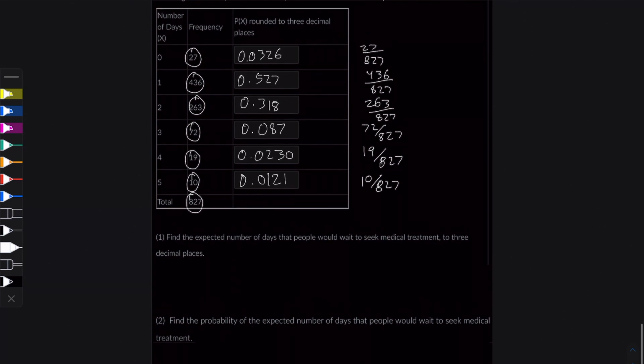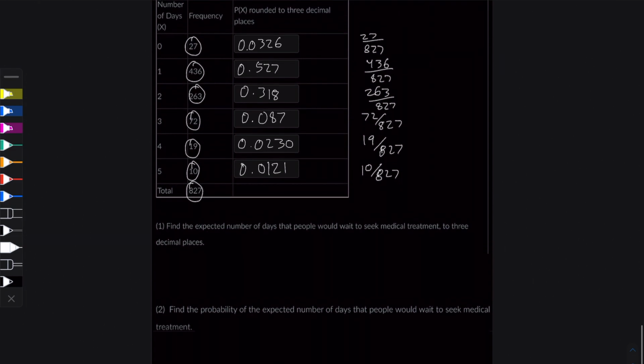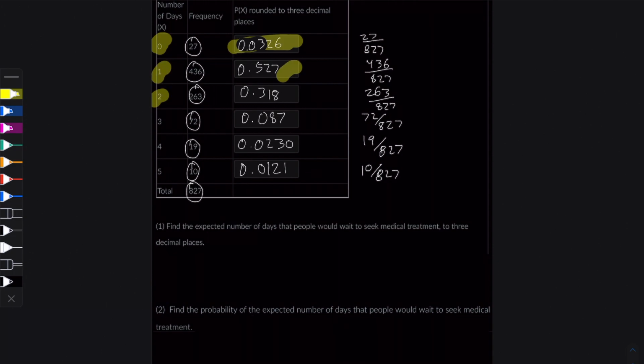And now for the next part, we need to find the expected number of days that people would wait to seek medical treatment to 3 decimal places. So for this one, what we would do is multiply the number of days, right? So we would do 0 times the probability of it happening, and then 1 times the probability of it happening, and then 2 times this one, and then we would do that for all of them, right?